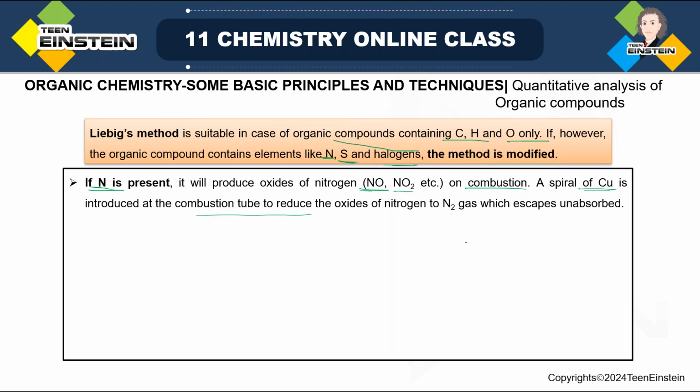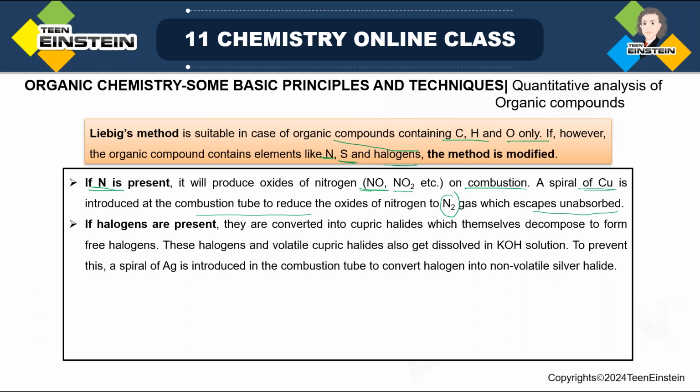The purpose of using this copper metal is that it will reduce the oxides of nitrogen to nitrogen gas. So from oxide form, now we are getting the elemental form, which is diatomic nitrogen gas, and it will escape unabsorbed. Fine. So in this way, we can remove the problem if nitrogen is present as an element in the organic compound.